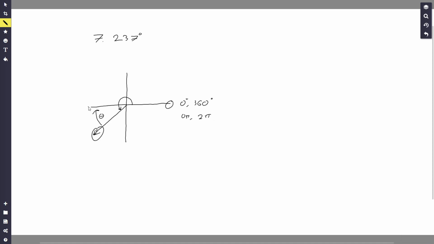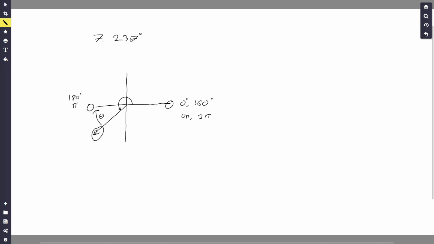Over here, it is always going to be pi, or something pi. It can be 3 pi, it can be 5 pi, it can be 7 pi. It can never be an even number. If it's an even number, it is going to be over here. And this is also equivalent to 180 degrees.